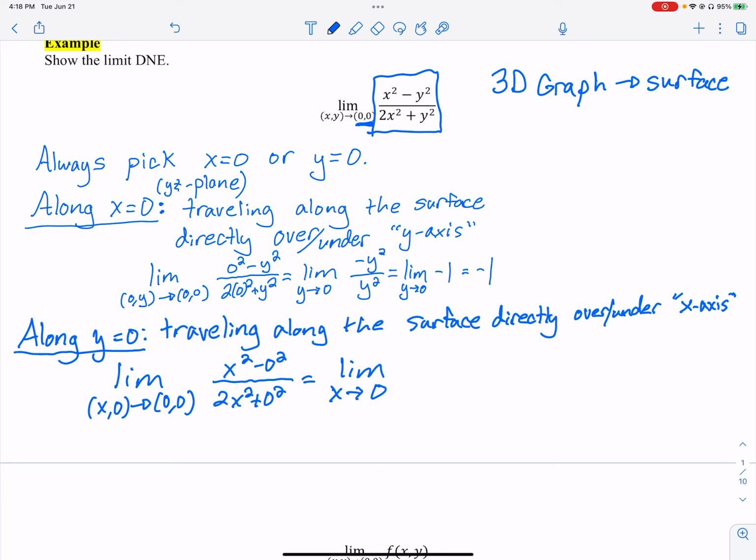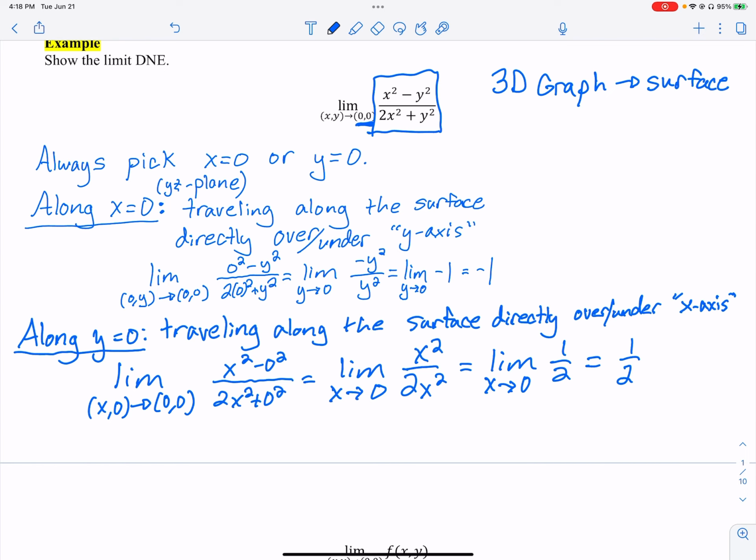I hate counting off, but I will. You guys are in Calc 3. It's time to write things formally. Do not drop the limit until you get done taking the limit. All right, I got x squared over 2x squared. All right, that's the limit. Still write it. I didn't take it. As x approaches 0 of 1 over 2. The limit of a constant is a constant.